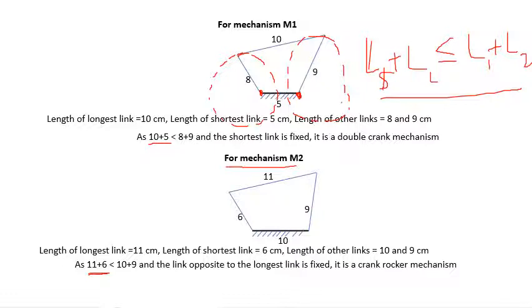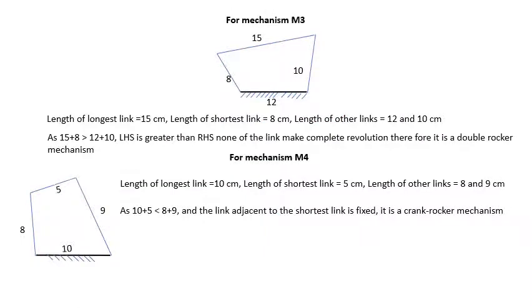So this shortest link acts as a crank which rotates about the center like this, whereas this link acts as a rocker in this direction. It acts as a rocker.